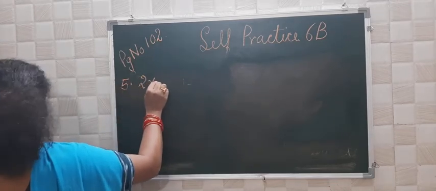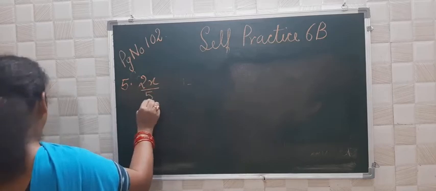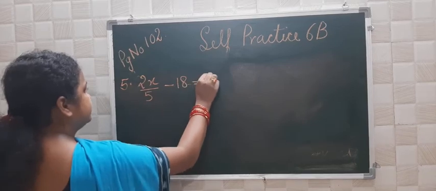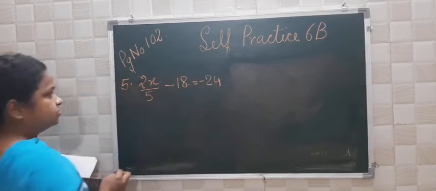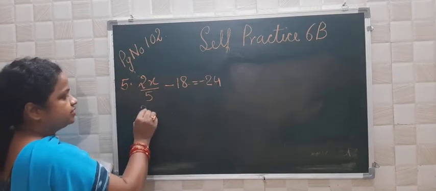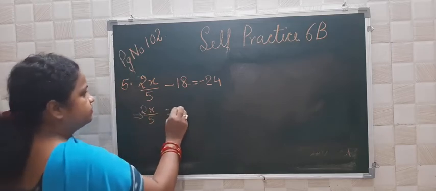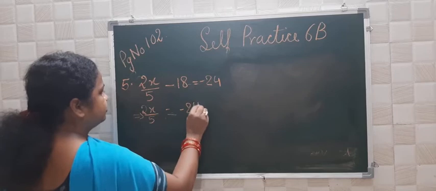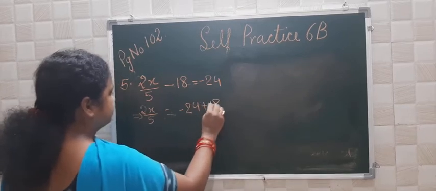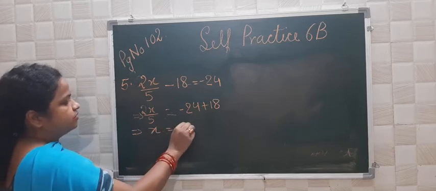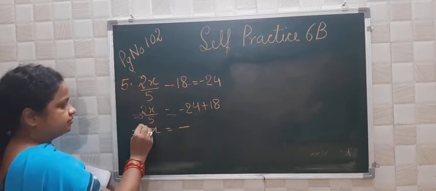2x upon 5 minus 18 is equal to minus 24. So what you will have? 2x upon 5 is equal to minus 24 plus 18, which further implies that x is equal to minus 24 plus 18.